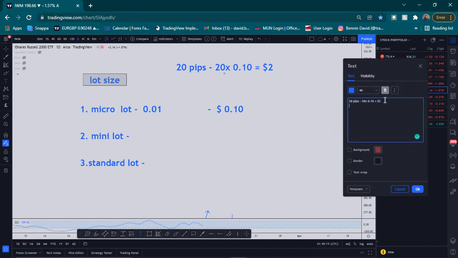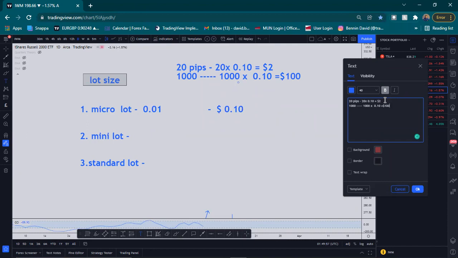If you make a lot of trades, a lot of pips, let's say 1,000 pips, and you are using a lot size of 0.01, it means the total amount of money you will make will be 1,000 multiplied by the value of one pip for the lot size of 0.01, which is 0.10, and that will give you $100.